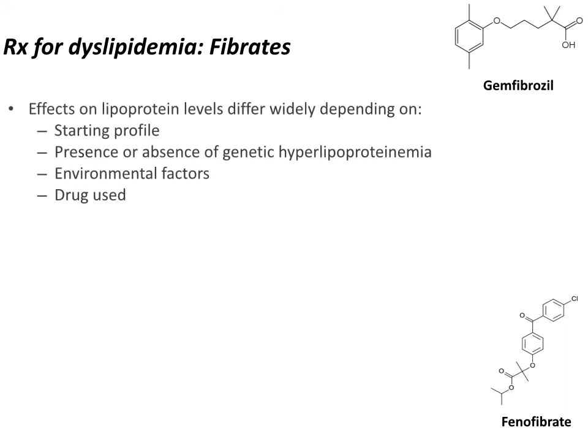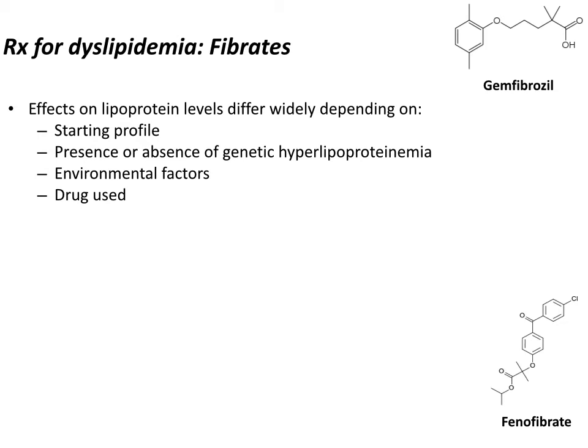Okay, moving right along. Fibrate drugs, another class of drugs. Here are a couple examples of these drugs. Their efficacy depends on a few factors. First of all, what is your lipid profile to begin with? Do you have a genetic predisposition to hyperlipidemia? Environmental factors such as diet, and quite a bit of variability between drugs in this class.